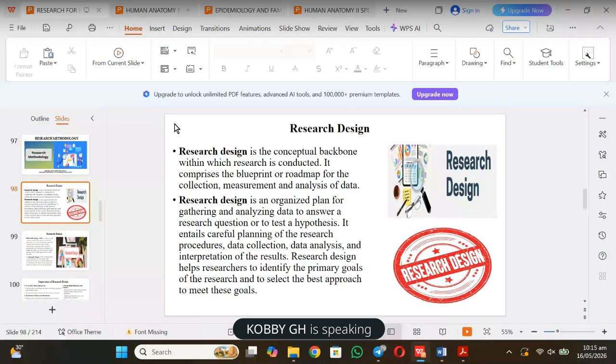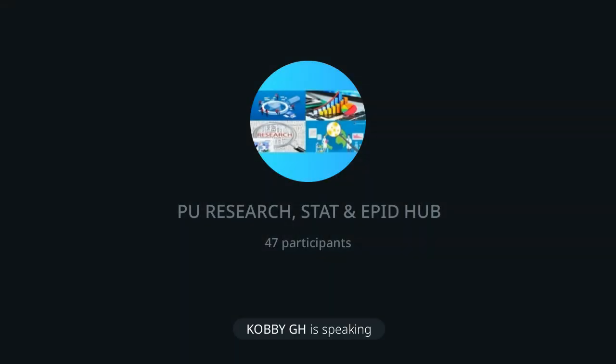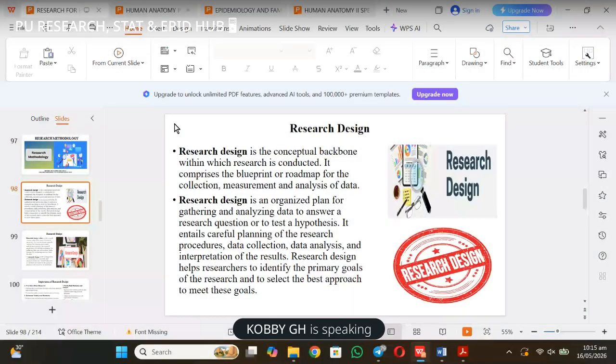Quantitative. Okay, the next thing is that, do you want to present your results with pie charts? Do you want to present your results with graphs? Do you want to present your results with line graph? Do you want to present your result with frequency distribution table? If you decide to do that, you are doing quantitative approach.